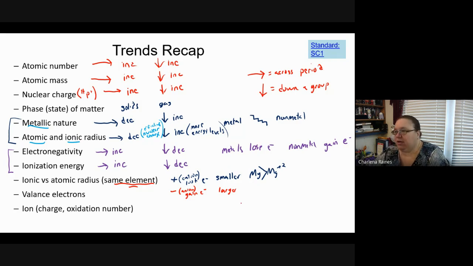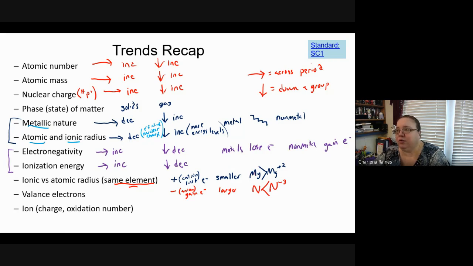So let's pick on nitrogen versus nitrogen minus 3. Minus 3 means I've gained 3 electrons. Therefore, my cloud has gotten a little bit bigger because we've shoved 3 more electrons in that outer energy level, and they're going to push away from each other. So we can see that my negative ions are always larger than the parent.